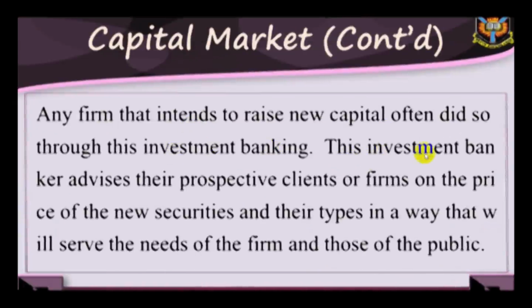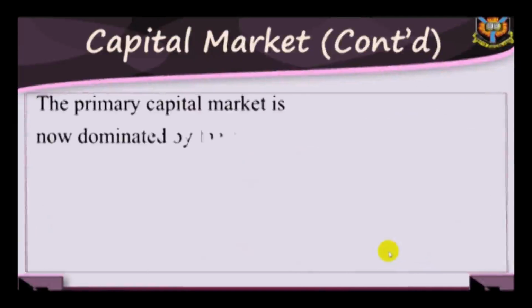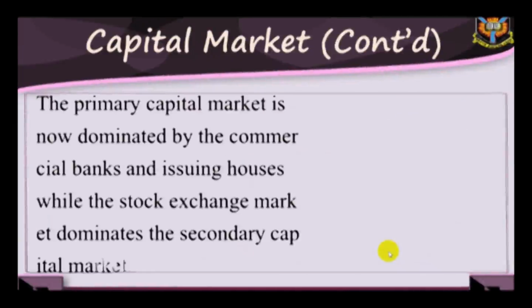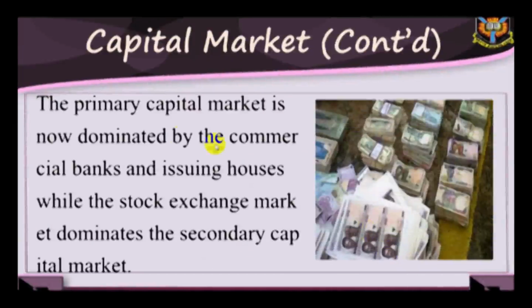This investment banker advises the prospective clients or firms on the price of the new security and their type, that is, ordinary or preferred shares, in a way that will serve the needs of the firm and those of the public. The investment banker underwrites a new issue of shares by buying them from the issuing firm and selling them to the public.